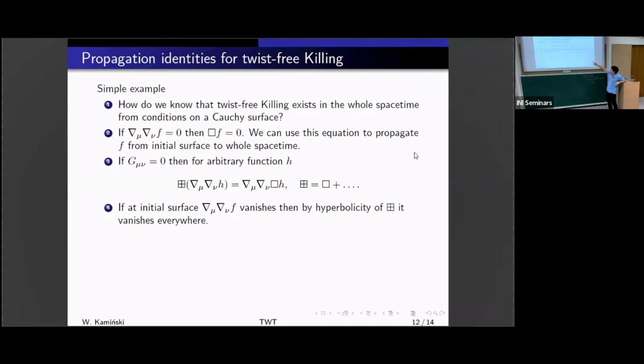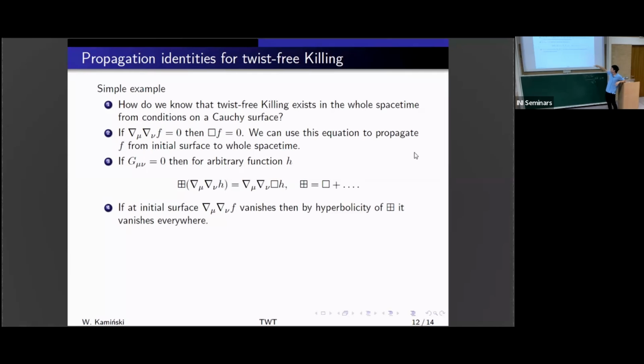So let's concentrate on the case when the Einstein tensor vanishes. One can show such an identity. This identity is telling that if some function f satisfies the wave equation, then the second derivative of this function also satisfies some kind of wave equation with some remainder. This remainder has the Ricci, Riemann tensor, but for us it's three dots.